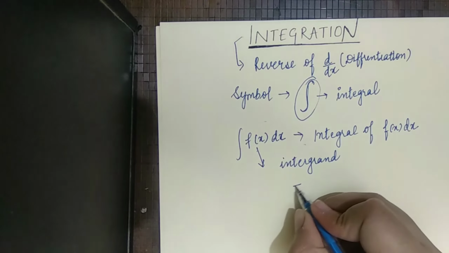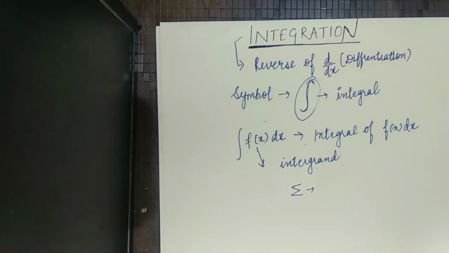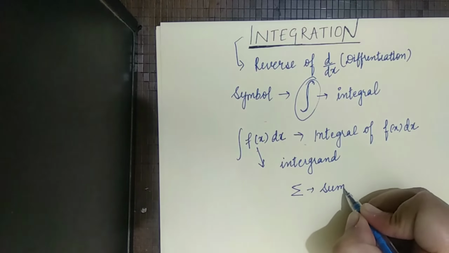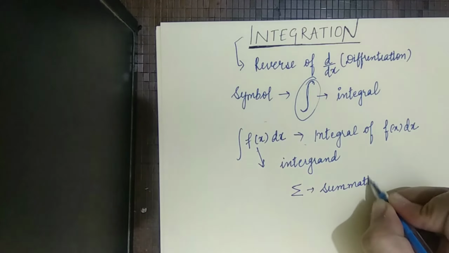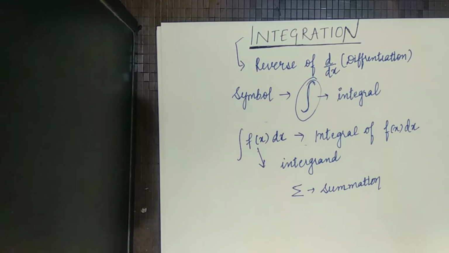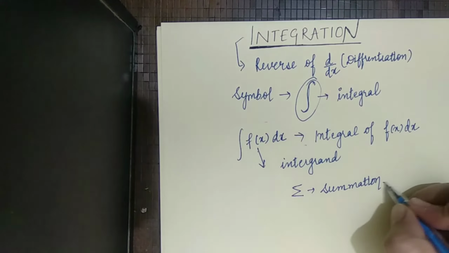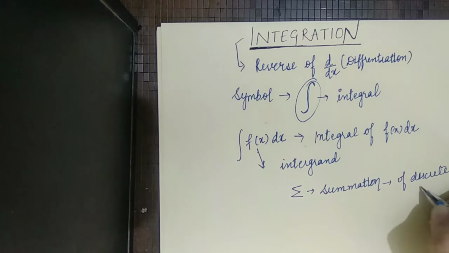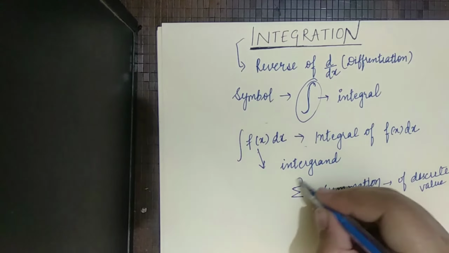And why do we call this integration? It is important that we have used this sign, which comes from summation, in which we have a range of various values. If I have to find the summation of discrete values, then I can take this summation.